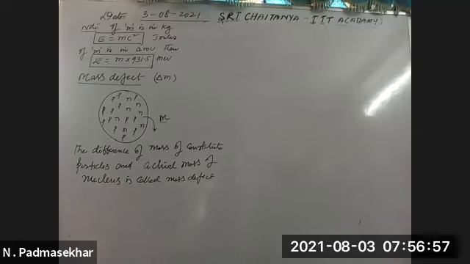So the difference of mass of the constituent particles and actual mass of the nucleus is called mass defect. That is mass defect.